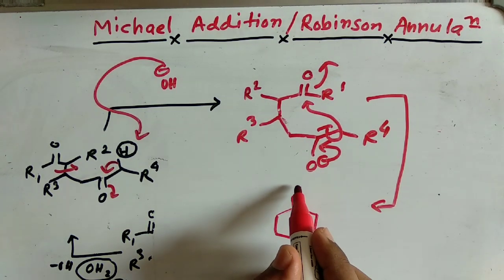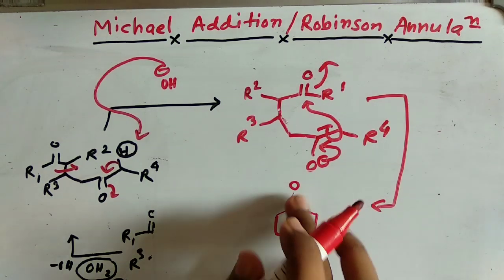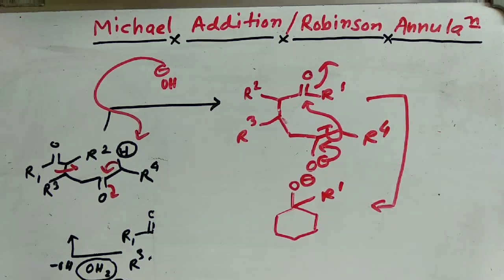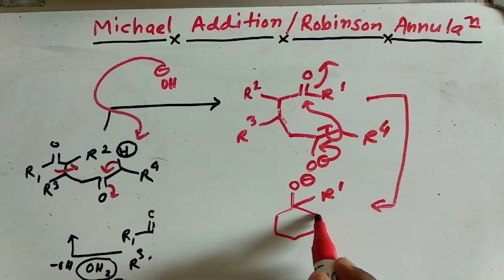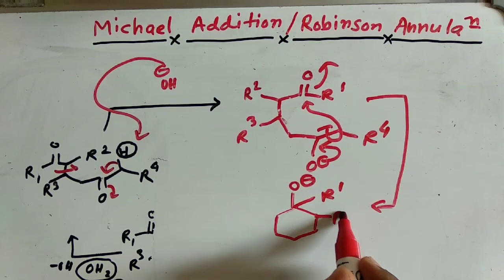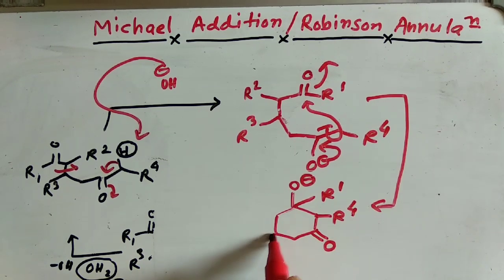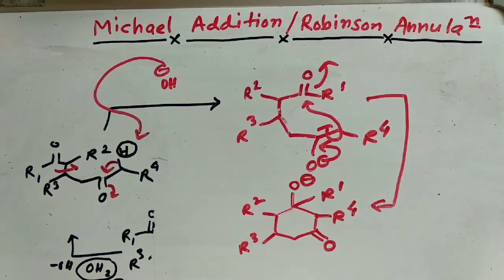So if it is this one, then the product will be, okay, not like this, the product will be, this is O minus and this is R1, and then this one will be R4, this one will be the keto, this one will be R3, this one will be R2.